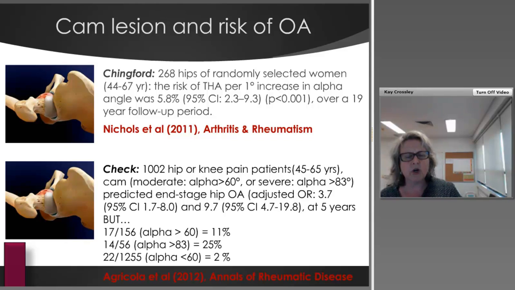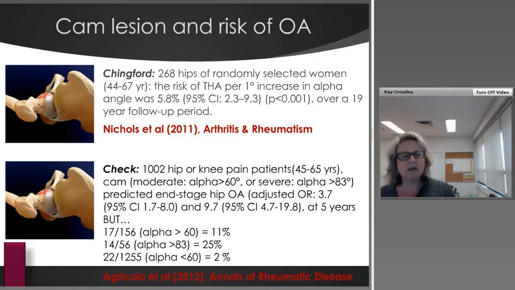At the same sort of time, Agricola published work from a Dutch cohort, the Netherlands cohort, of 1,000 people with hip or knee pain who were a similar age, 45 to 65, and they divided theirs into either having a moderate cam lesion, which is an alpha angle greater than 60, or a severe cam lesion, which is an alpha angle greater than 83. And they found that both of these predicted end-stage hip osteoarthritis.